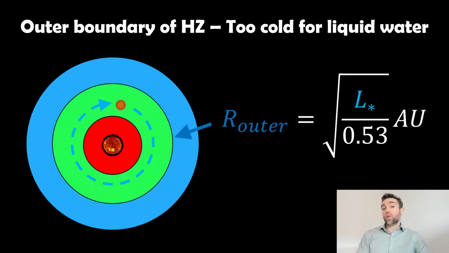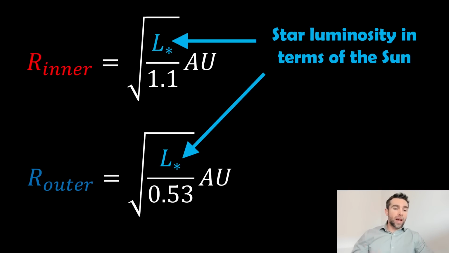This is where it's going to be too cold for liquid water. This time round, it's the luminosity of the star divided by 0.53, square rooted, which gives us our outer boundary in AU as well. So, as I mentioned before, that L star is the luminosity of the star in question that we're using, and it's in terms of the sun.